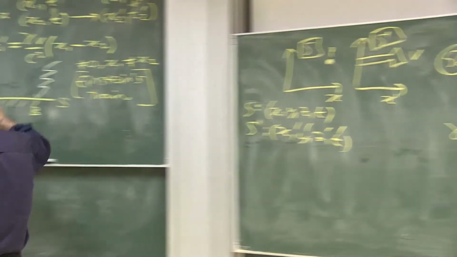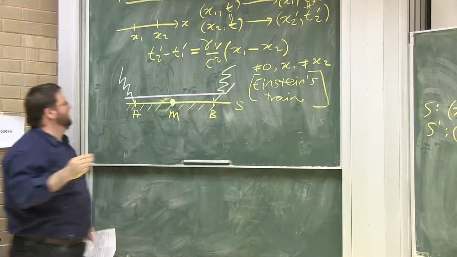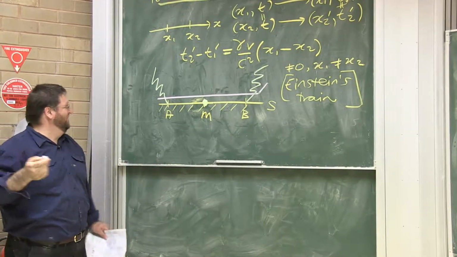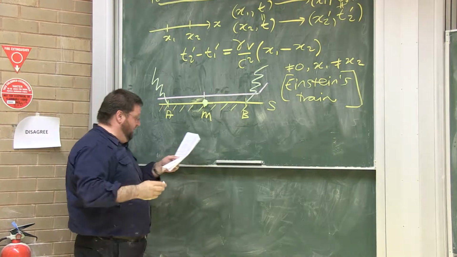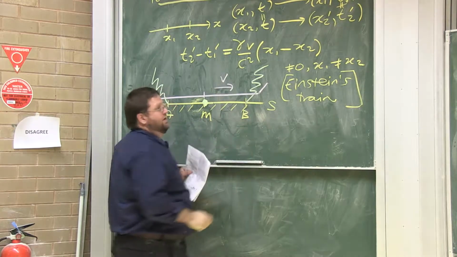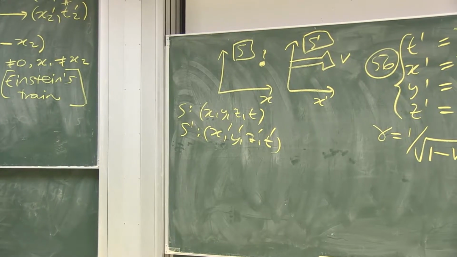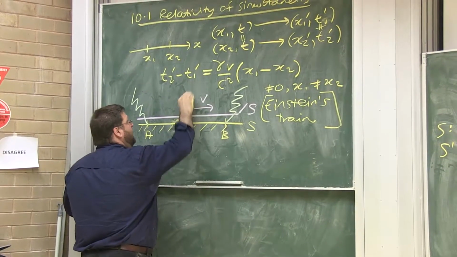Now, Einstein was not an artist. This is Einstein's depiction of a train. But if you're Einstein, you can do whatever you want. So we're going to have Einstein's train here, which is moving at some speed v in the positive x/x prime direction. So this train is S prime. The embankment is S. And we're going to have an observer, M prime.